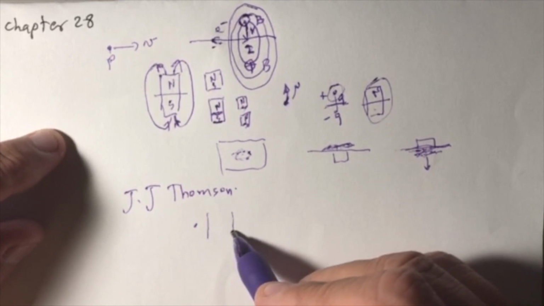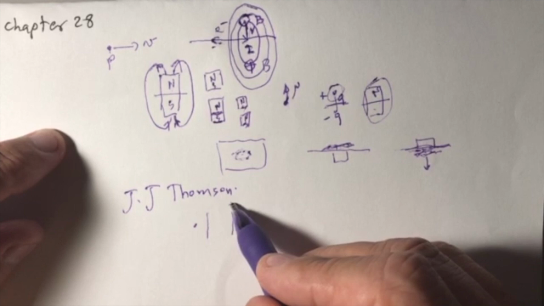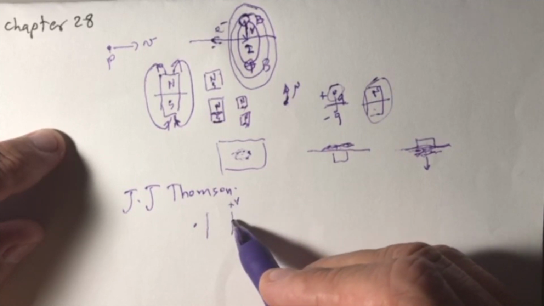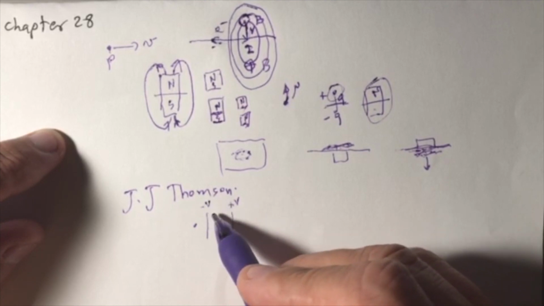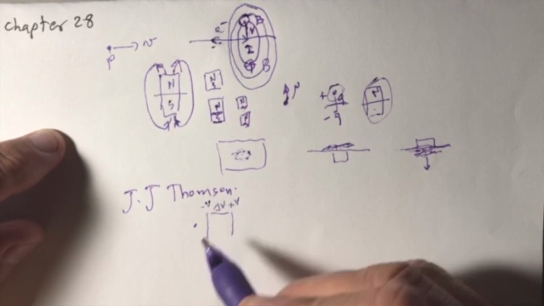So you have here, for example, this is a positive potential, this is negative potential. So you have a difference of potential delta V.